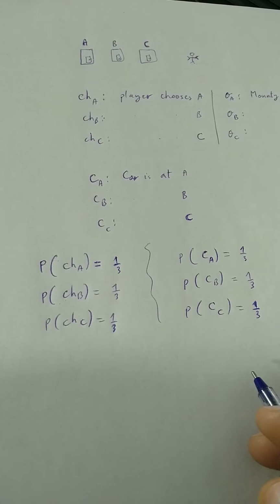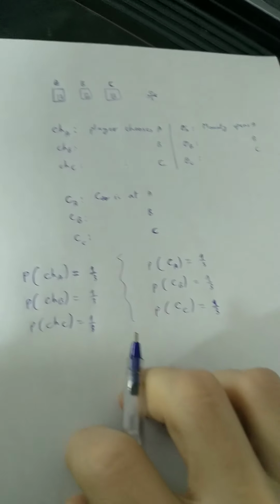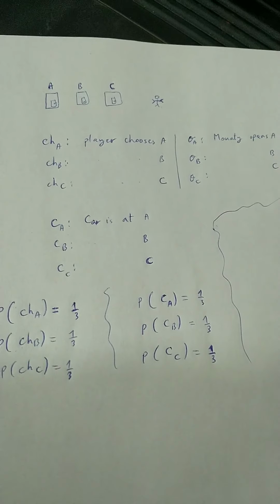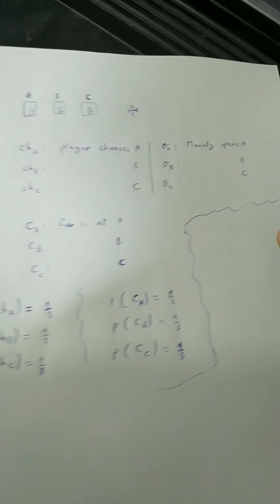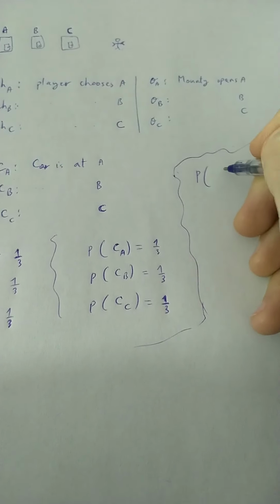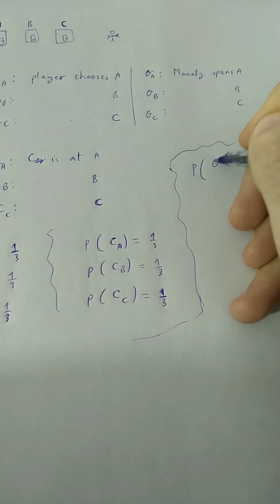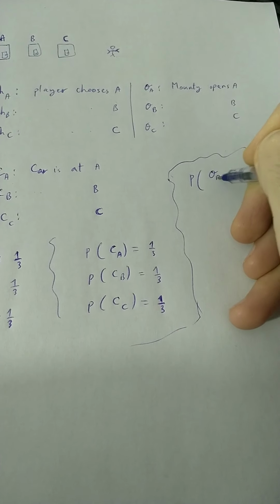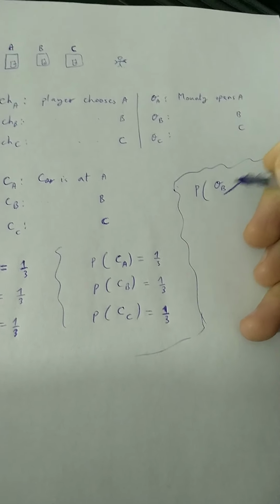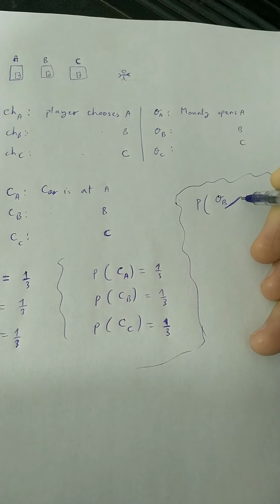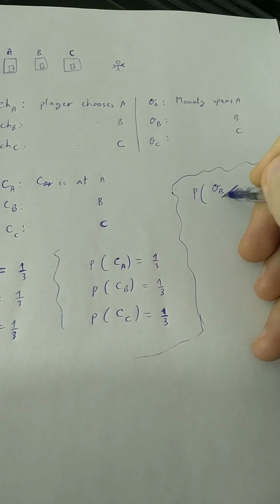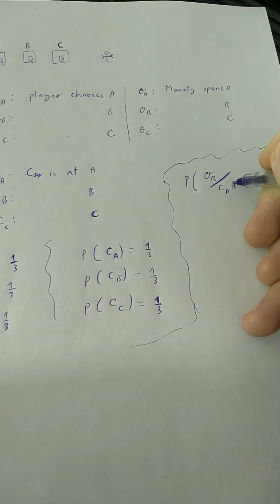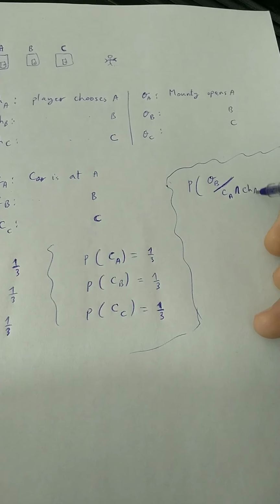So let us now state some probabilities that are actually part of the game. Right now there is nothing. Let us start with the game. What is the probability that Monty opens the B door, such that, this is a conditional probability, the car is at A and you chose A?